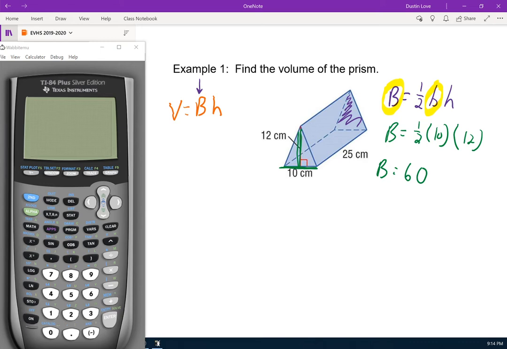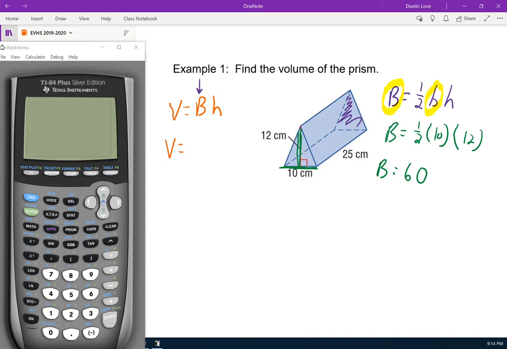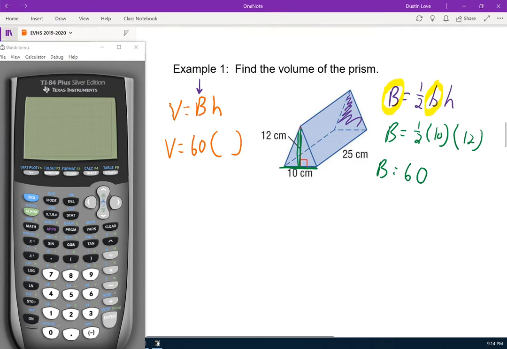Okay, now we're going to jump back in and plug that into the volume formula. Volume equals area of the base, B is 60, times H. Now here's our second little thing we got to point out. Notice we've got two different H's in this.